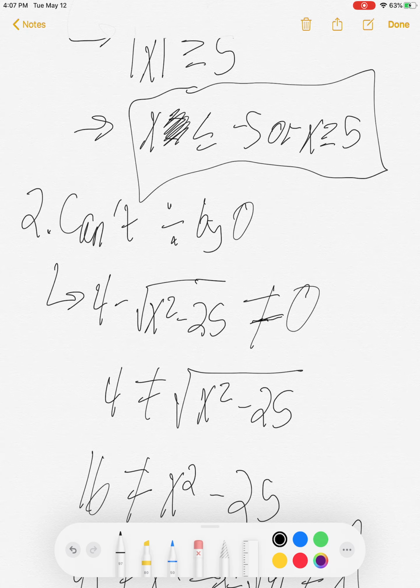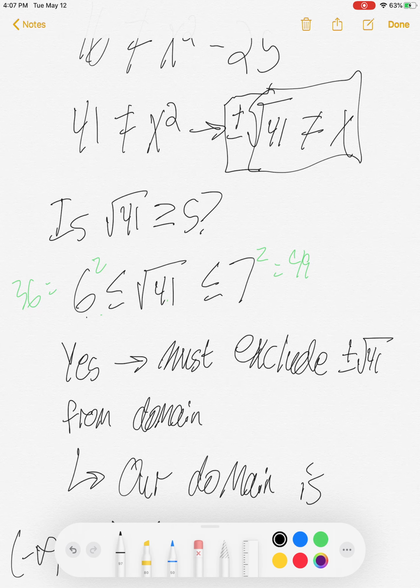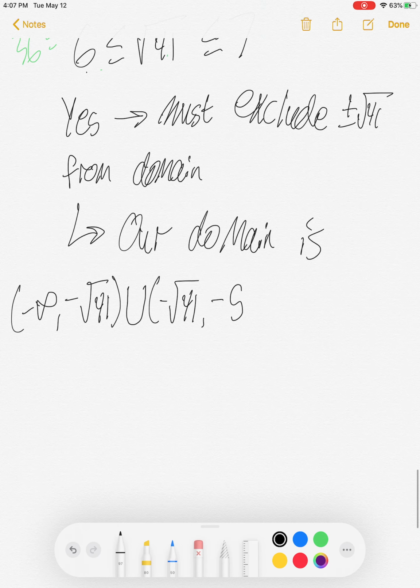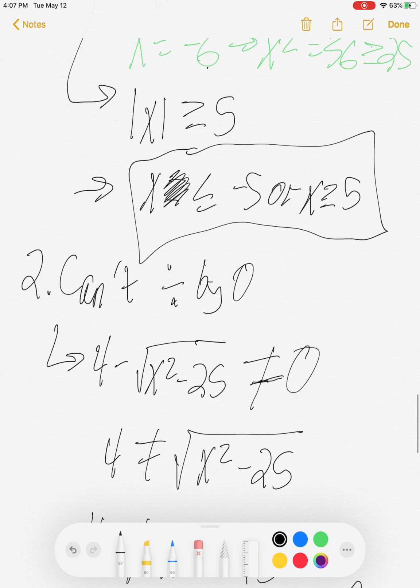So x is less than or equal to negative 5, which is all well and good, except for negative root 41. It's okay if x is equal to negative 5, so we are going to include that one. Now, the things between negative 5 and positive 5 we all exclude, because those things are not less than or equal to negative 5 or greater than or equal to positive 5.